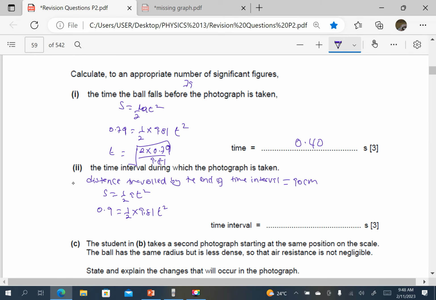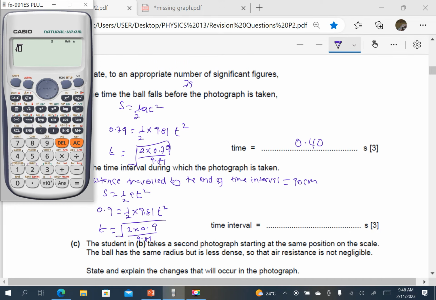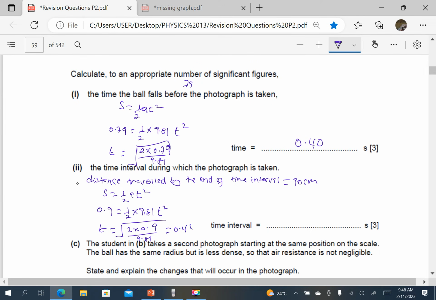So we can find t again as the square root of 2 times 0.90 divided by 9.81. So that is 0.43. So this time is 0.43.